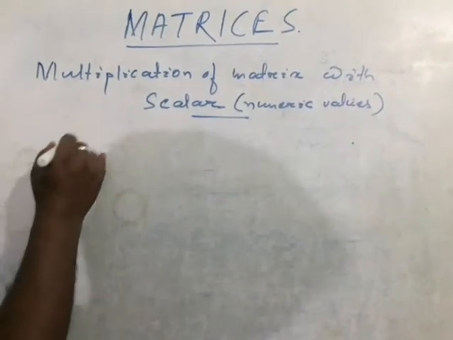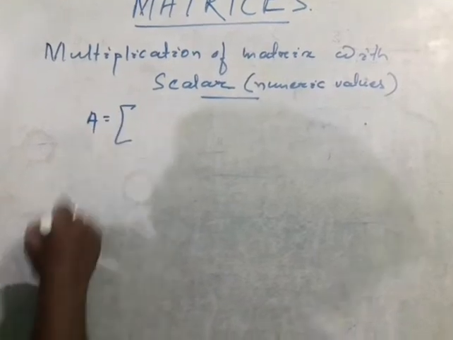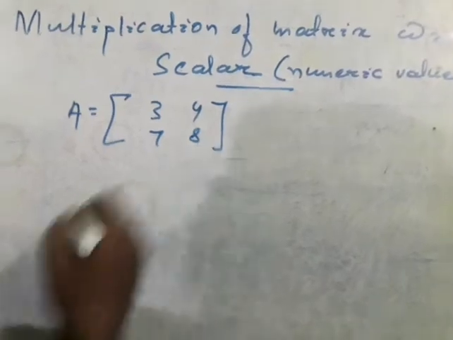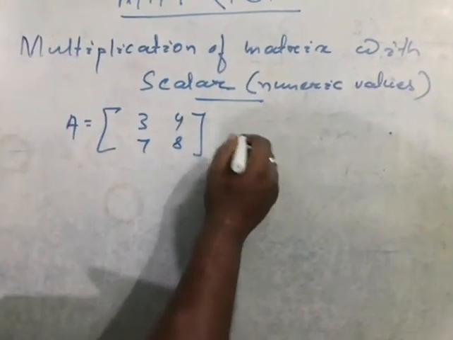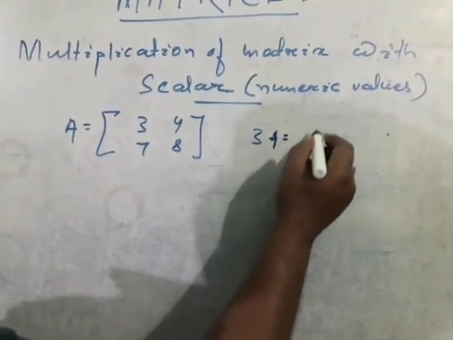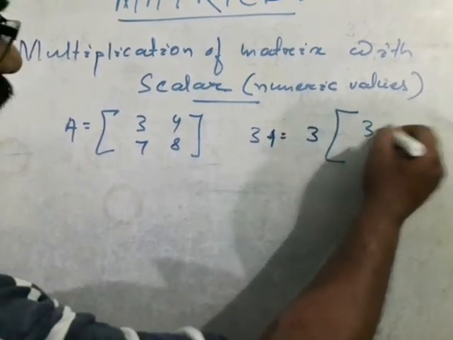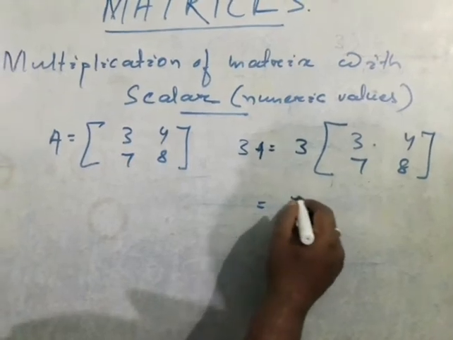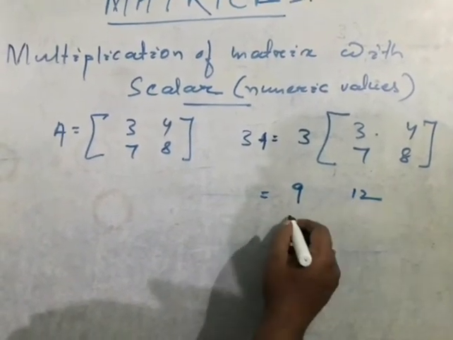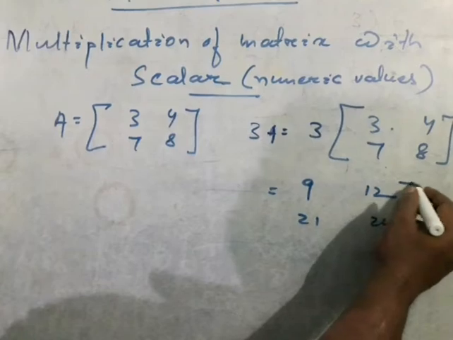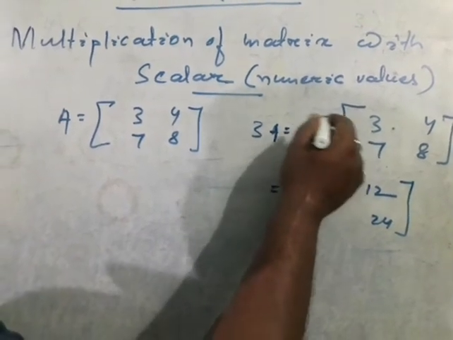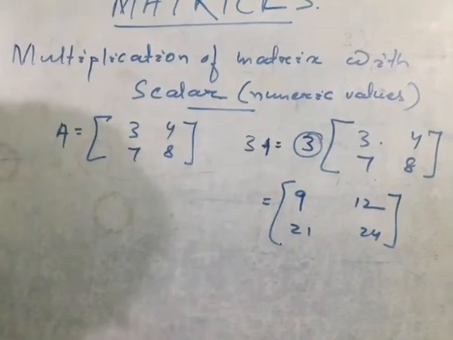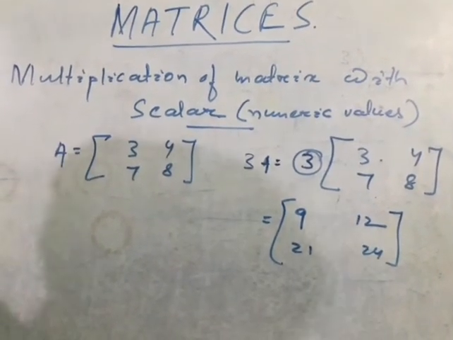For example, if A is a matrix having 3, 4, 7, 8, then 3A is equal to 3 into 3, 4, 7, 8, which equals 9, 12, 21 and 24. Here the scalar value is multiplied with all the entries given. This is what is called multiplication of a matrix with a scalar.